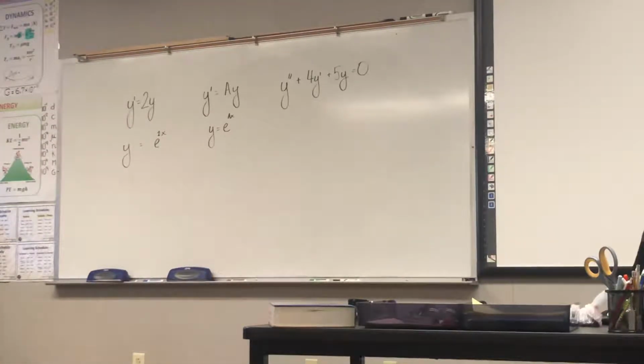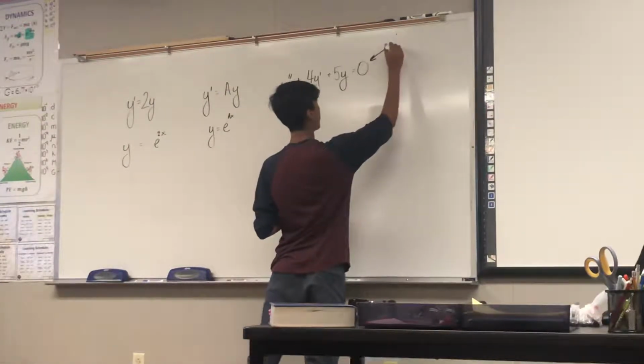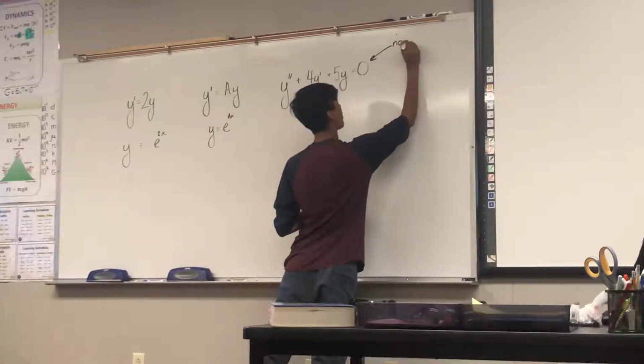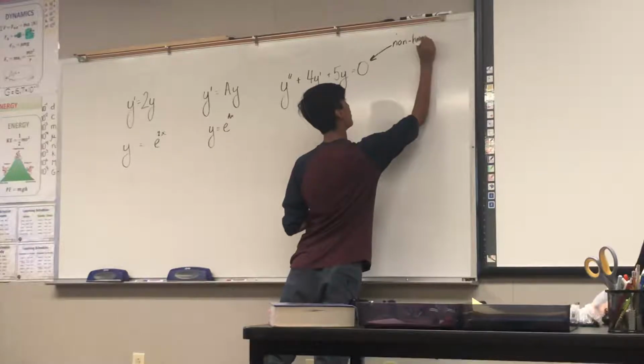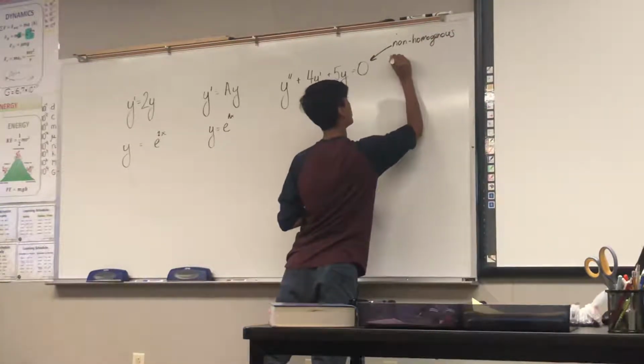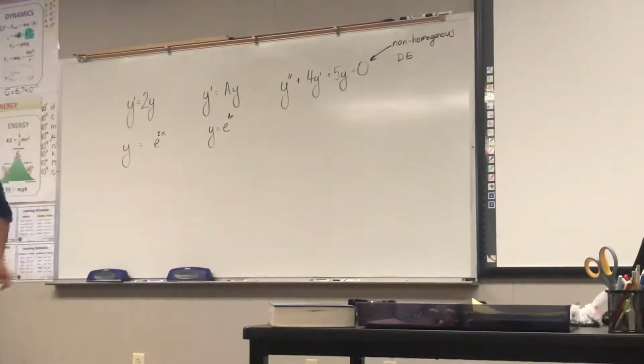Also, when you have a 0, that is the same as saying it's a homogeneous differential equation. So if you ever hear homogeneous, that just means that it equals 0, and there's no x's.